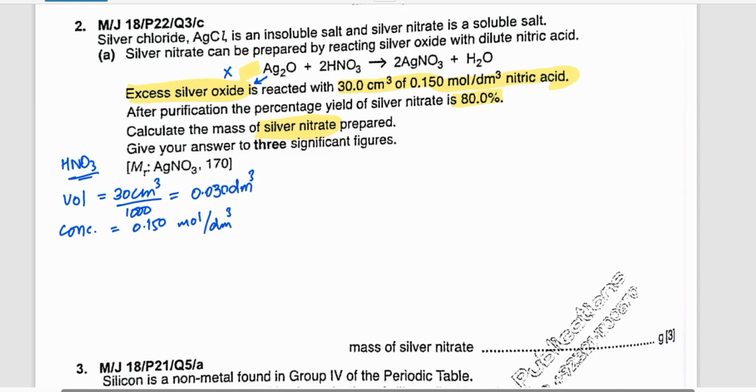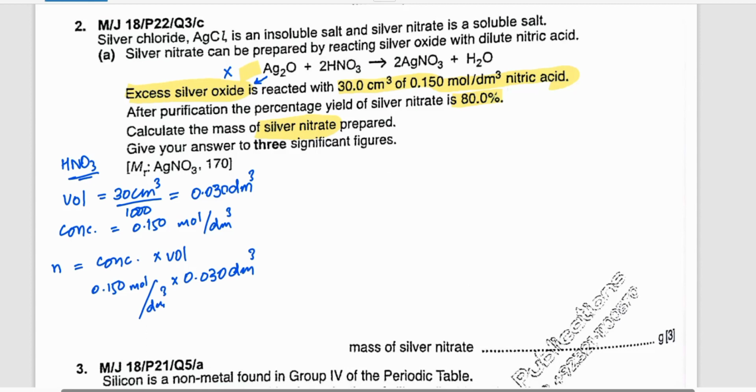So we have to find its number of moles. Number of moles is equal to concentration multiplied by volume. Concentration is 0.150 mole per dm cube multiplied by volume 0.030 dm cube.